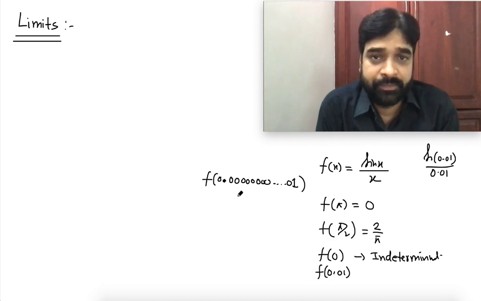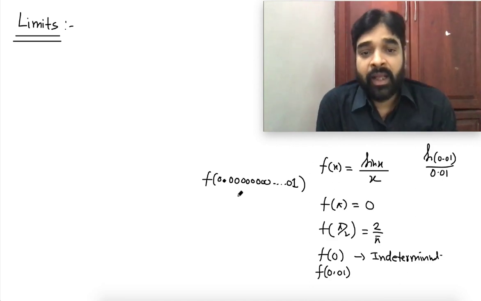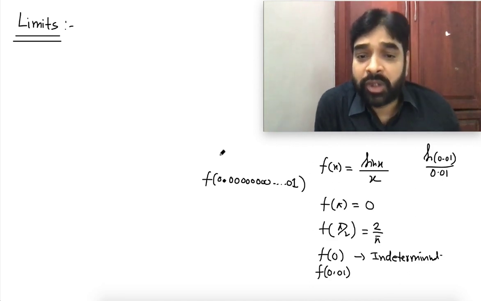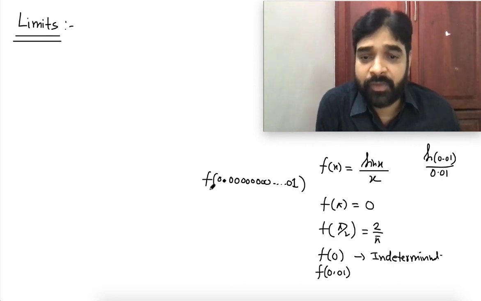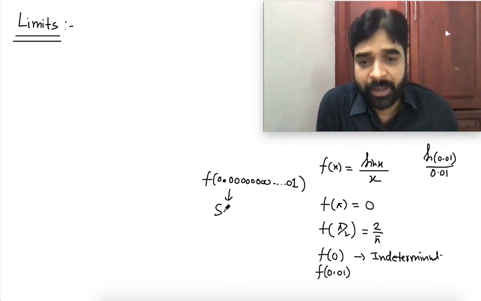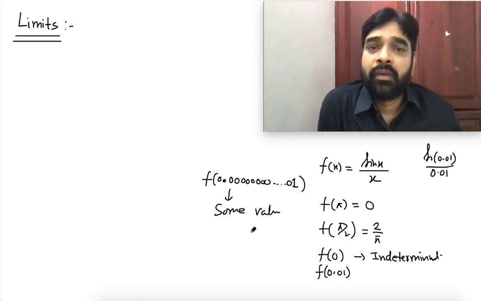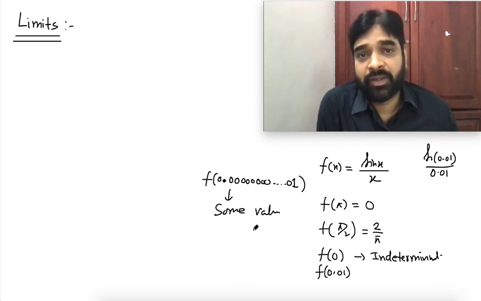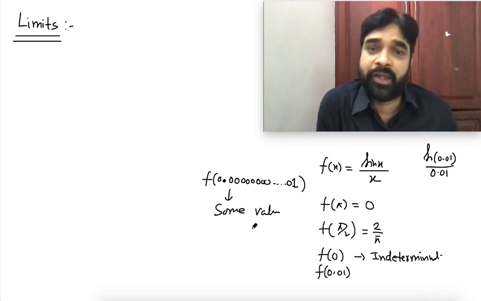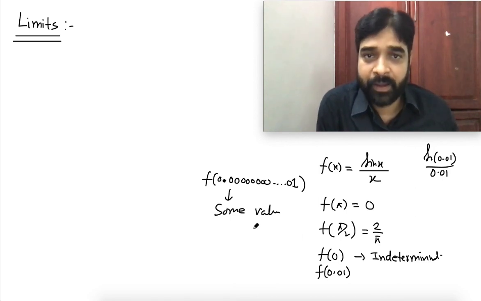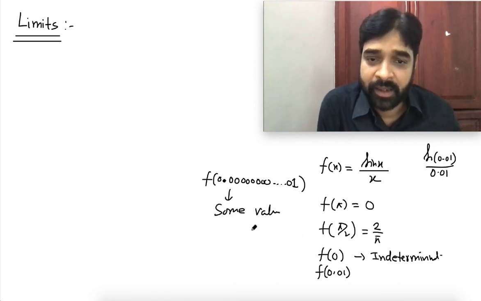But near 0, there is some value, and we are unaware of it. We don't know how to calculate this value. Are you getting it? Have you understood?